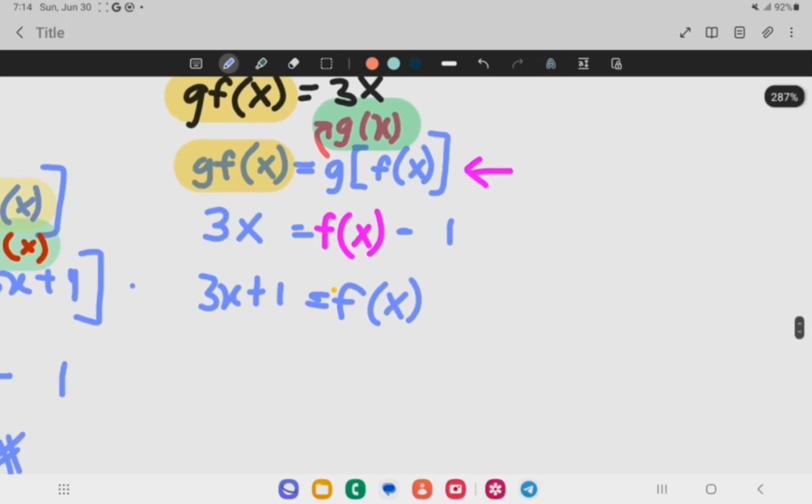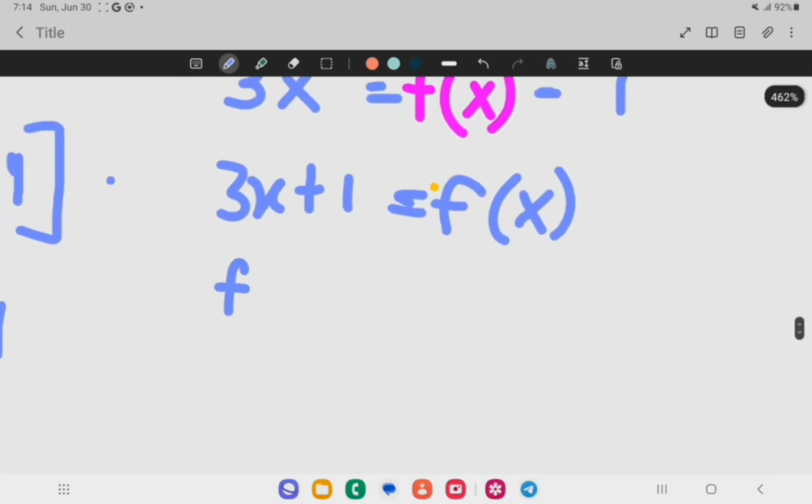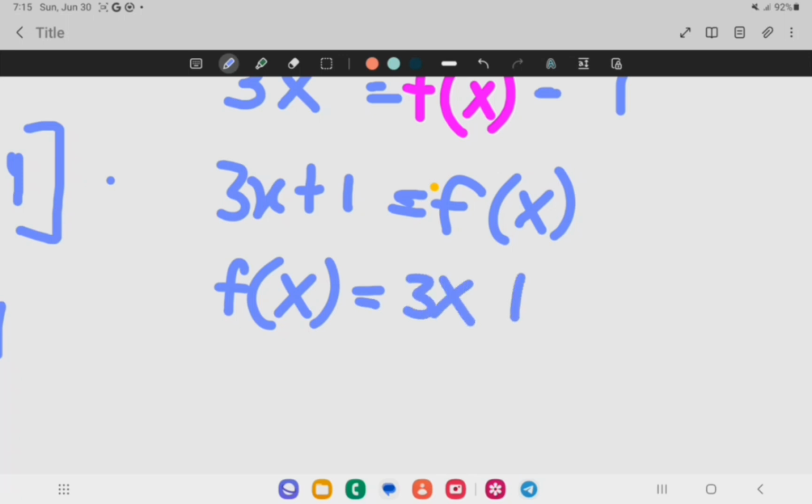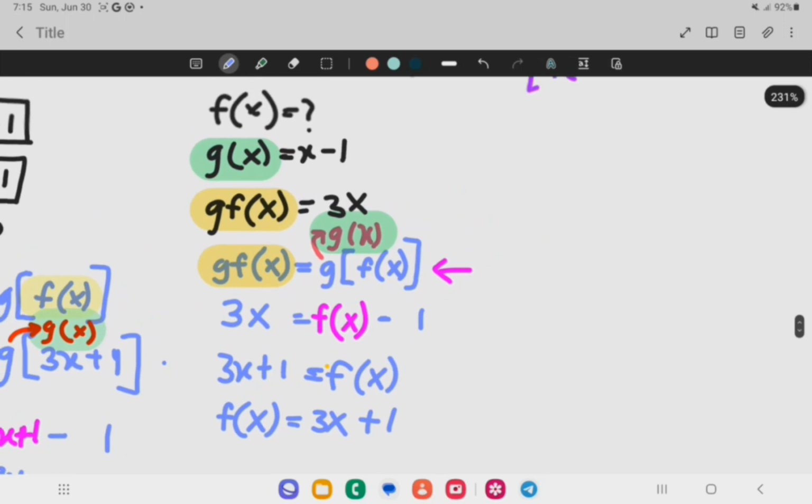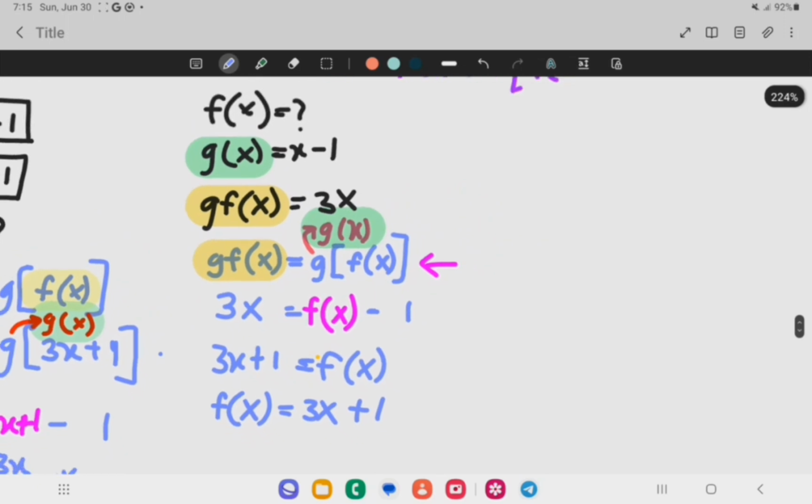Let me rewrite it properly. You will get fx is equals to 3x plus 1. Did we manage to find the fx? Yes. The final answer of fx is 3x plus 1.